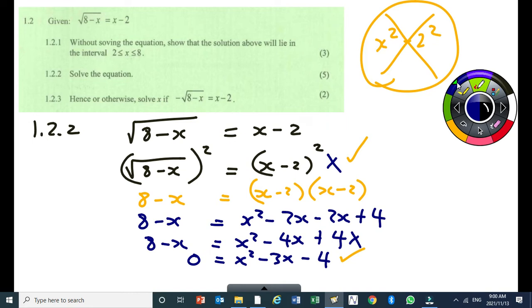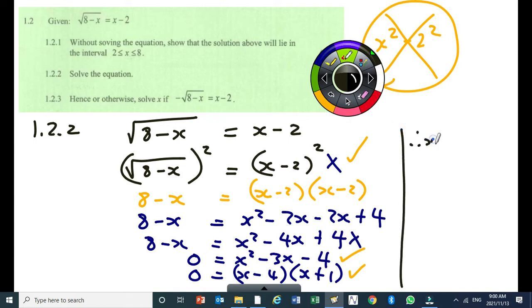You still get to the same value of x. So if I factorize this, I'll get x minus 4 times x plus 1. Right? So this is now a mark for the factors. So 3 so far. Then the x values.